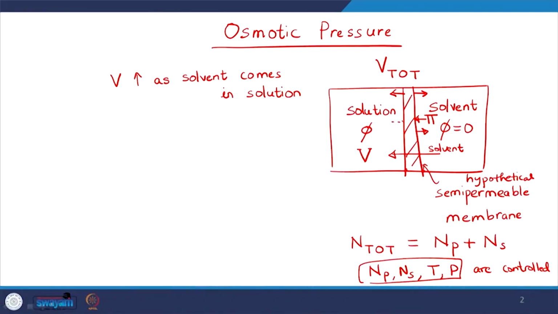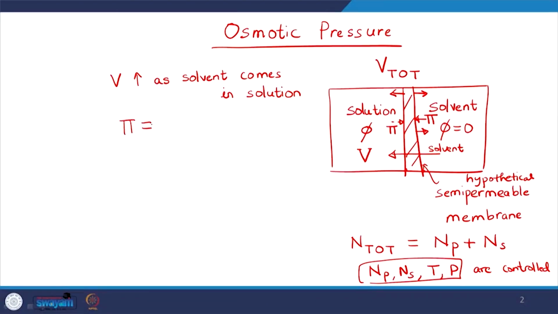So, we apply a counteracting force to stop that from happening. What this also means, by the idea of force balance, is that the solution itself is exerting a pressure, right. If I look at the force balance for the membrane, since we have to apply an osmotic pressure pi, I will call that osmotic pressure. If I have to apply a pressure pi from the solvent side, then it means that the solution is exerting the pressure pi from its side, right.